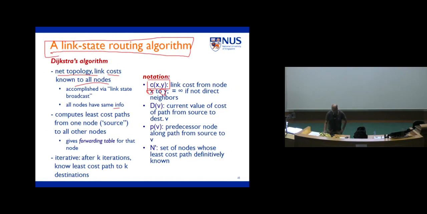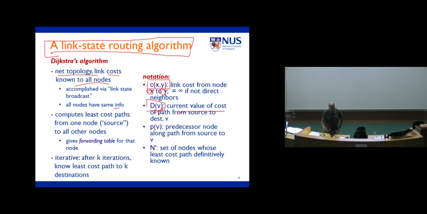And we also maintain a variable d of v. So I am a router. I want to go to v. And I'm going through iterations, right? In this particular iteration, what is the current value of the cost from me to node v? That's what I'm denoting by d(v).